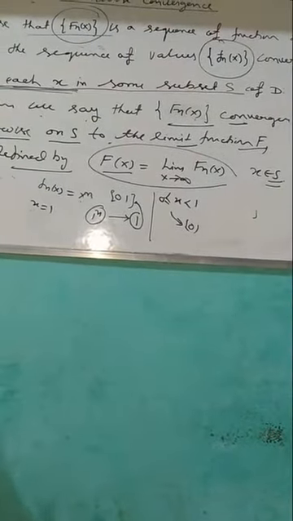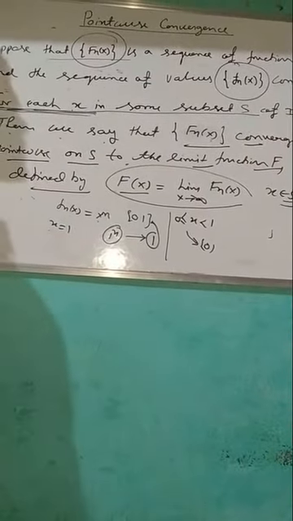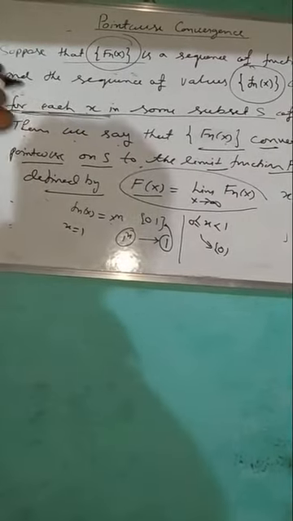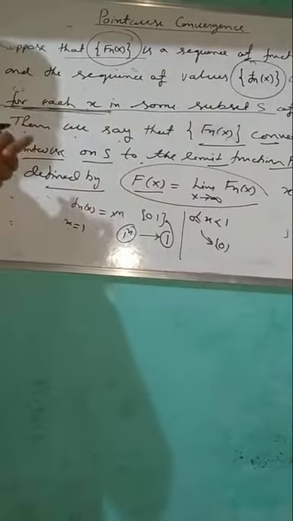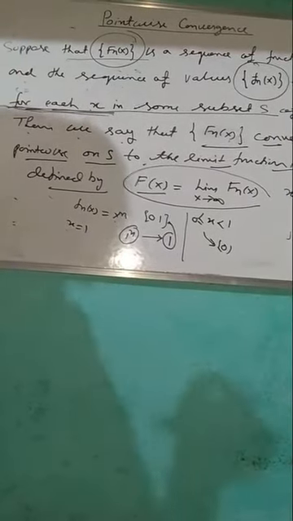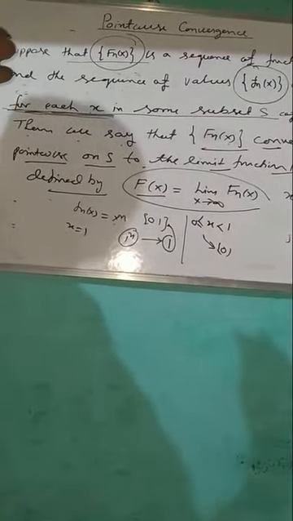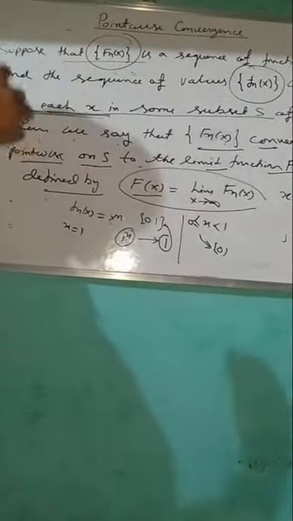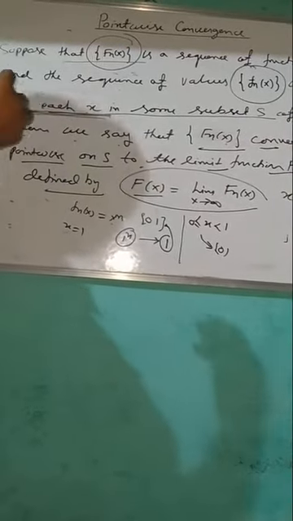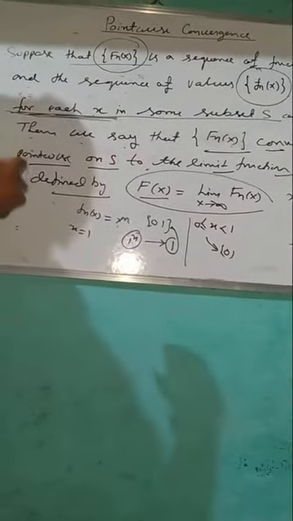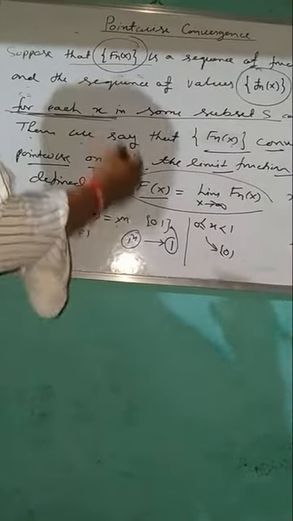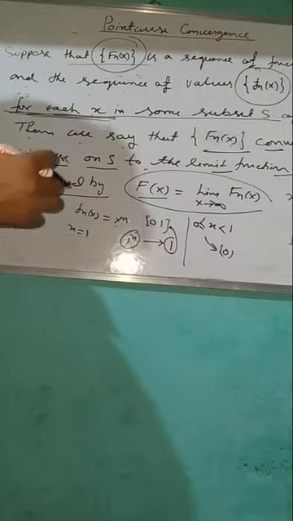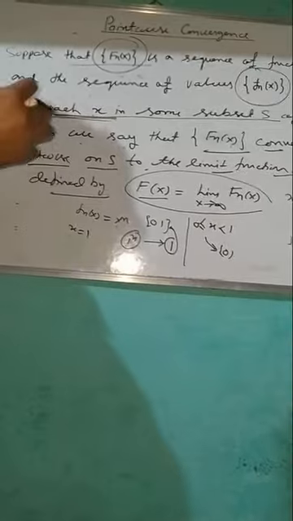This is the definition of pointwise convergence. In a simple way, we can say that if every function inside the set converges to a different point, or converges to a subset of the given domain, then the function is pointwise convergent, because every function converges to a different point and a different subset of the given domain.